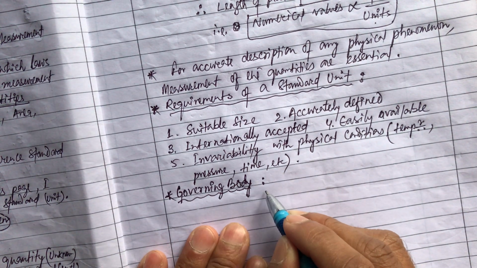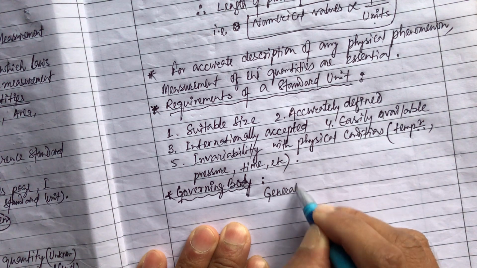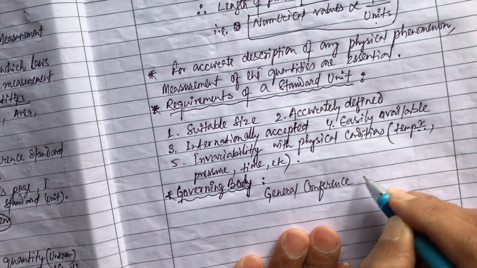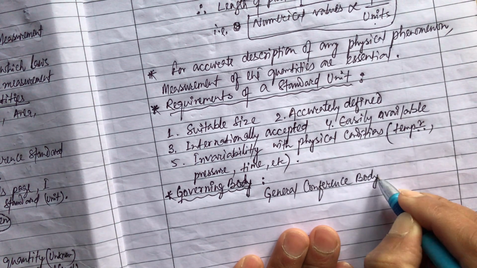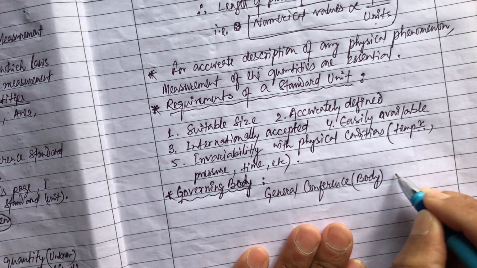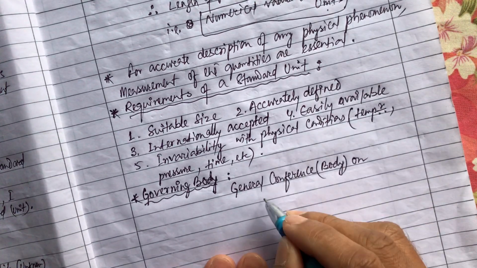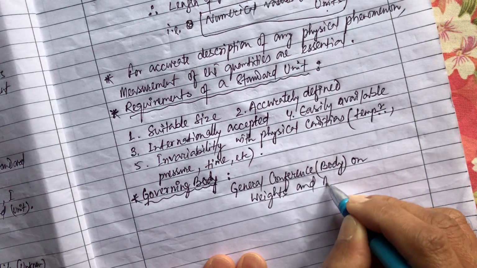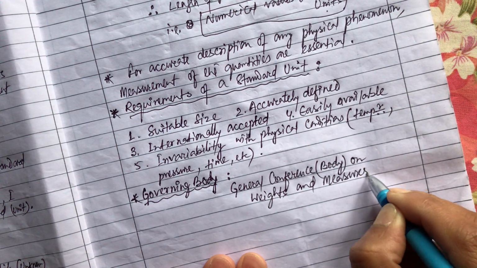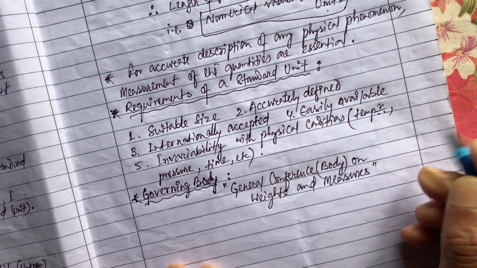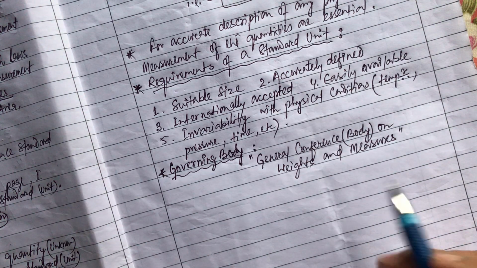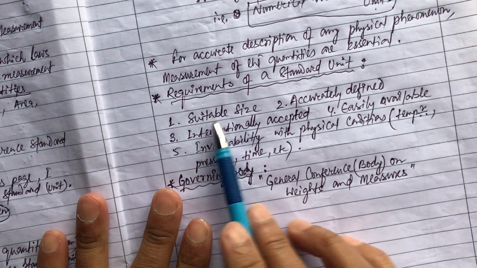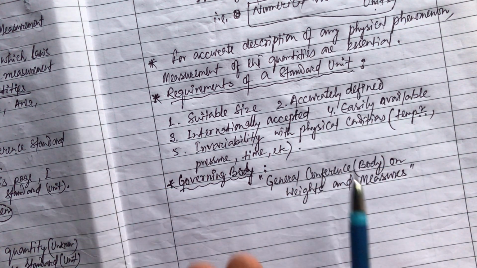We call it the General Conference or Body or Organization on Weights and Measures. This is the general body which checks the requirements of a standard unit. They are responsible for that.